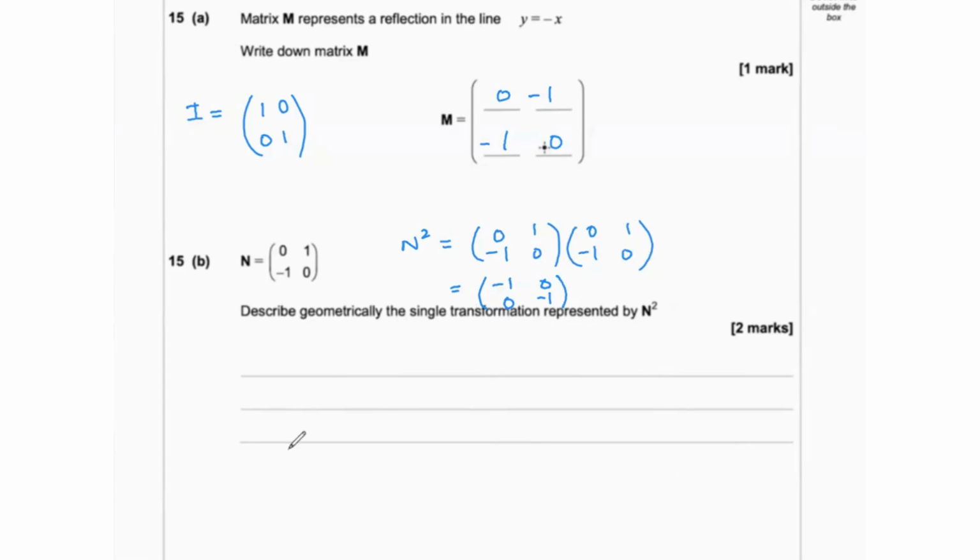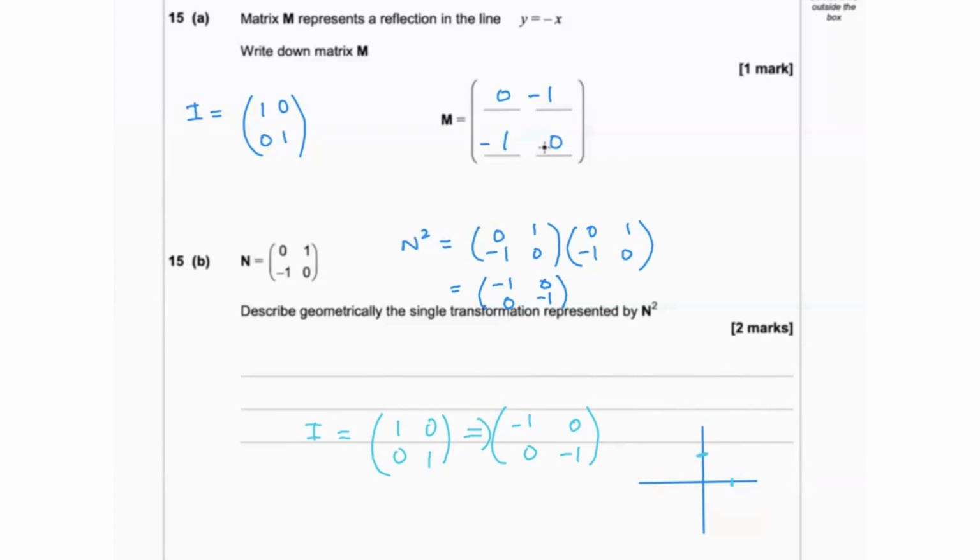Now if we show this on a grid, we have to describe the single transformation represented by it. So if we look at the identity matrix, initially that's going to be 1, 0, 0, 1. And that is going to negative 1, 0, 0, negative 1. So 1, 0 is going to be over here, and 0, 1 is going to be over here.